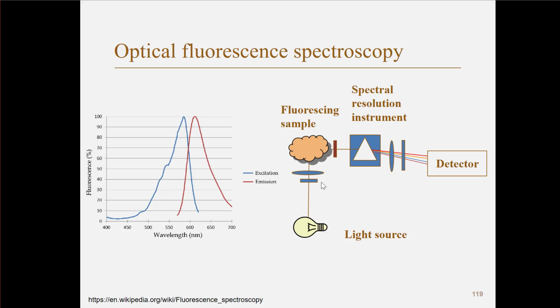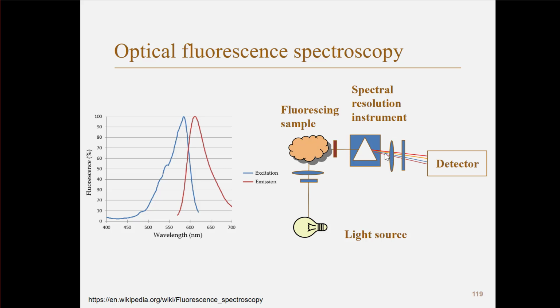And then you have an excitation filter, which means that you excite somewhere, and then here you have a detection filter which takes away the light which came in from here. And then you can only look at the fluorescence coming out from the sample.